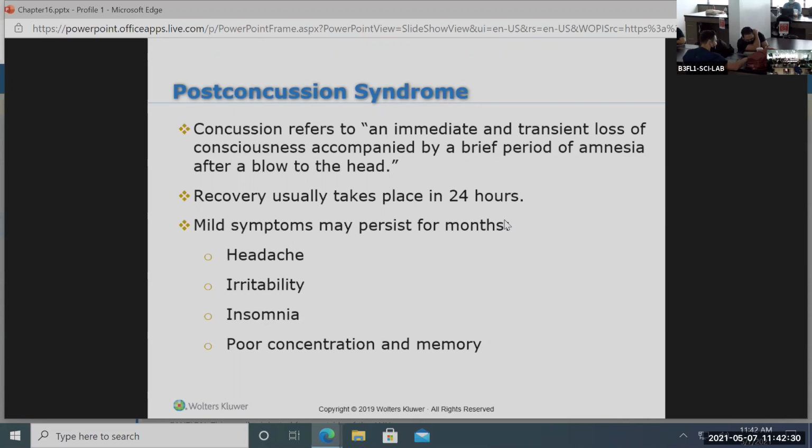Consciousness. And then it is accompanied by a brief period of amnesia following a blow to the head. It's like boxing when they get knocked out. They pass out, then they come back, ask what happened, and then go back again. Amnesia.